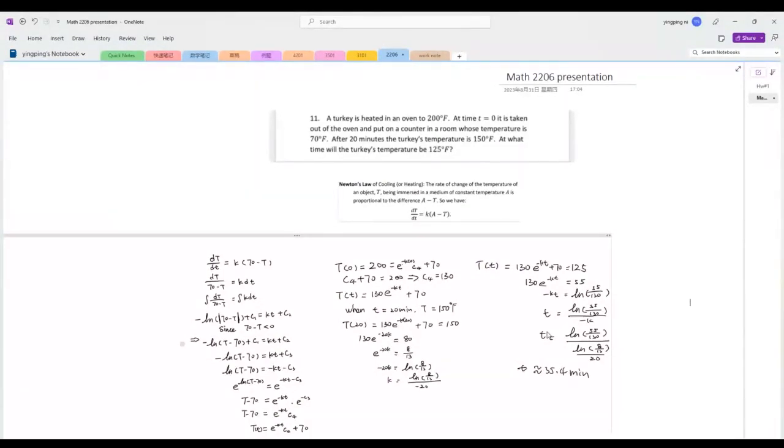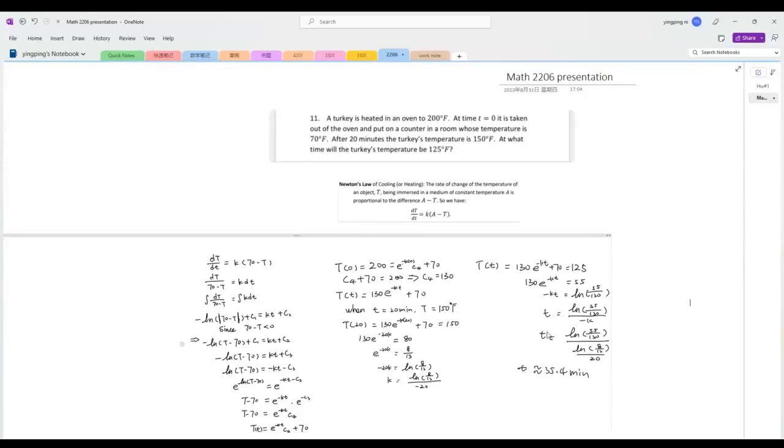We have the function d temperature over d time equals k times (A minus T). Based on the question, the constant temperature A is 70 Fahrenheit.